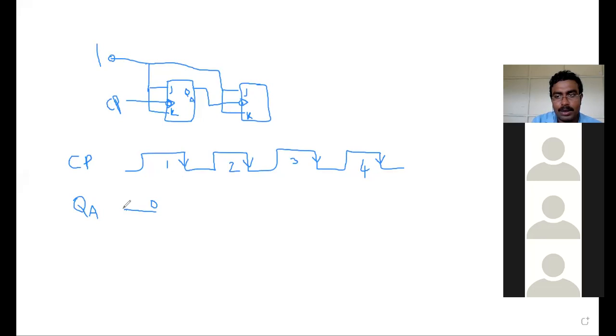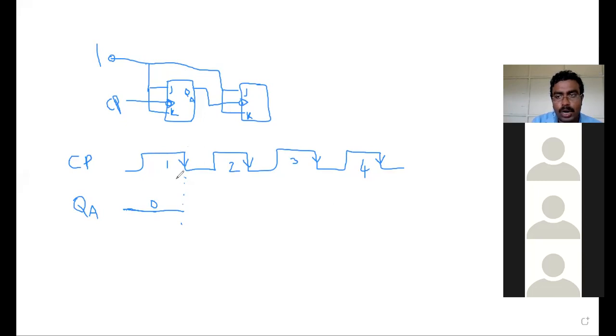So look here, I'm explaining the important case now. Initially, I thought my present state is 0, so I'm starting with 0. It will continue till I reach my negative edge. This is my negative edge, and I have given input JA, KA as 1.